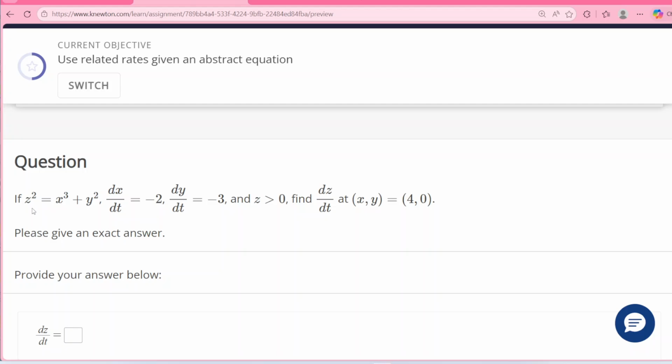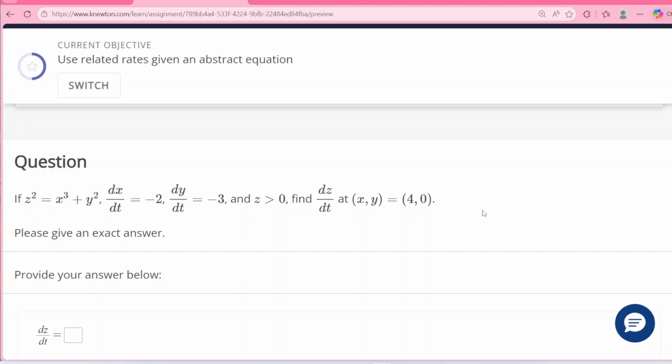All right, and now we have another one where we're just given some abstract equation, not involving a cylinder or a rectangle or a triangle or anything like that. I've done a couple like these before, very similar.